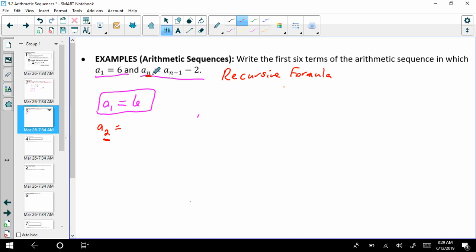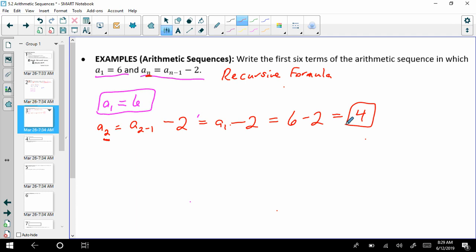So we're going to plug a 2 anywhere that we see an n. If I simplify this, that becomes a sub 1 minus 2. So now I have to use my previous answer. A sub 1 was 6. So I'm going to be doing 6 minus 2. So my second answer should be 4.